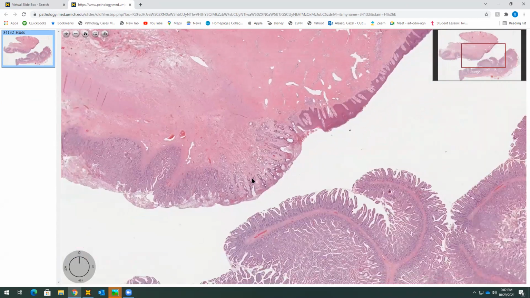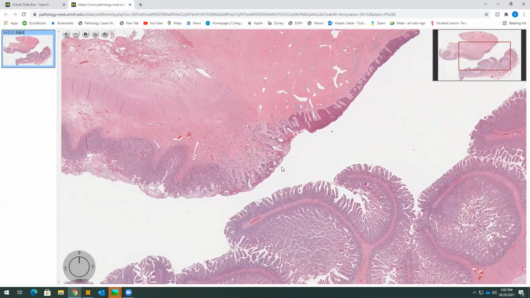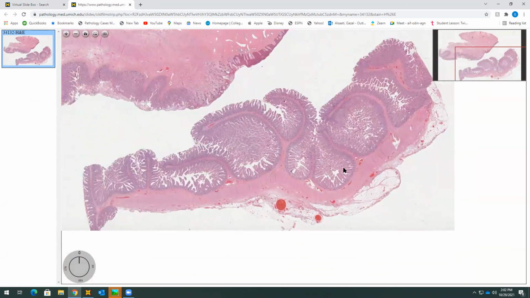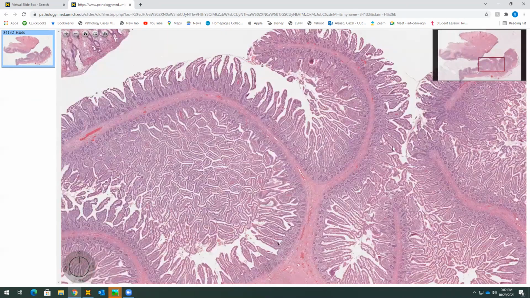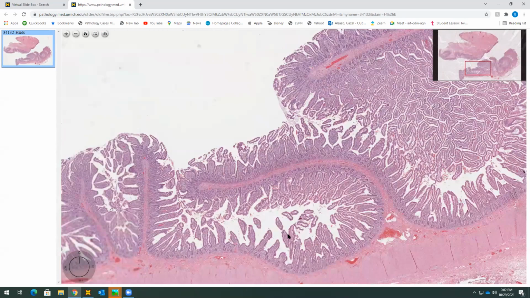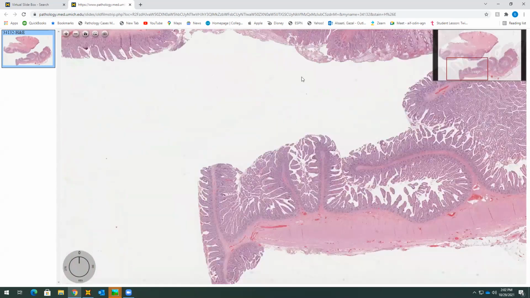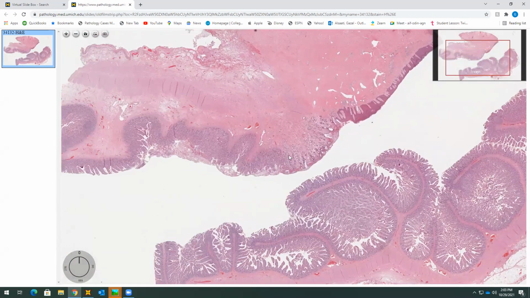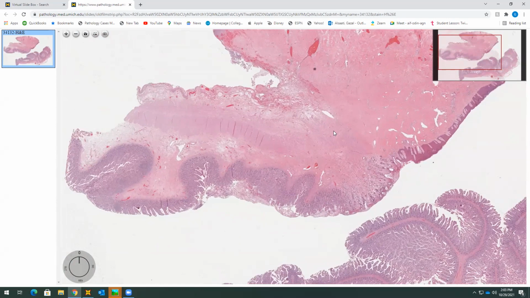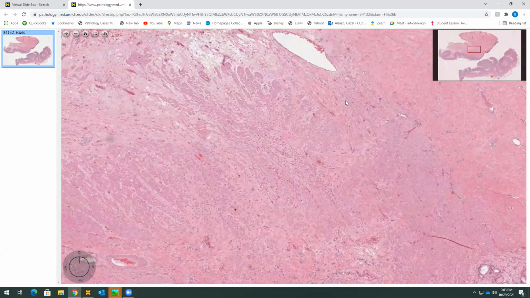Maybe the patient has a stoma or something. And this is a small bowel that is completely intact. Yeah, this is definitely a fistula takedown, for sure. And then this is our fistula tract, probably.